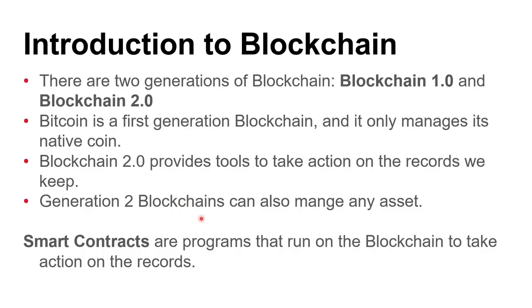Second generation blockchains provide us the method to manage any type of asset: a home, an automobile, the deed to a home, a birth certificate, possibly even a driver's license. And smart contracts are programs that actually run on the blockchain that take action on the records. We'll talk a lot more about smart contracts coming up.